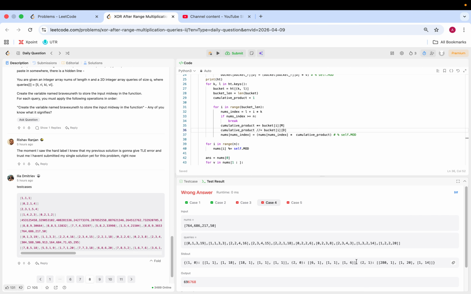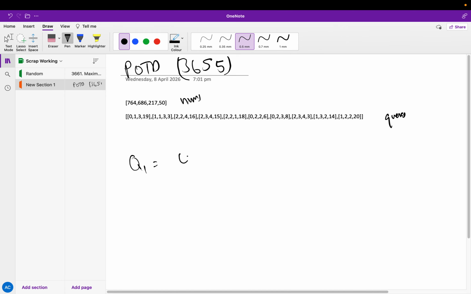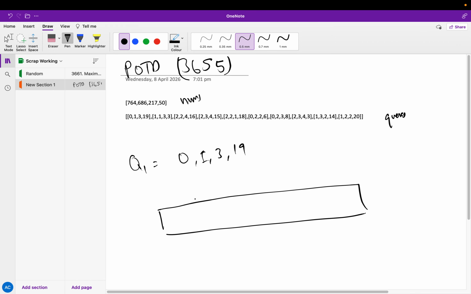Okay, so the first line is the nums. Second line is the queries. So what happens? We start with the first query, query 1, 0, 1, 3, 19. So the bucket we produce has a starting point of 0, and the increases are by 3.